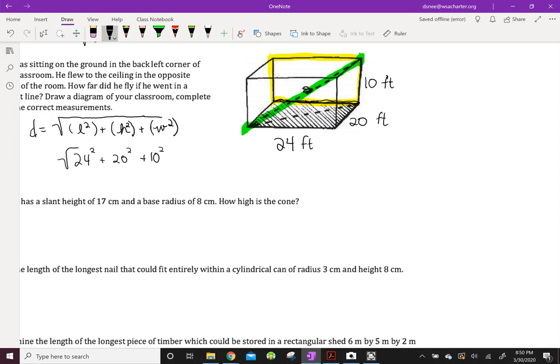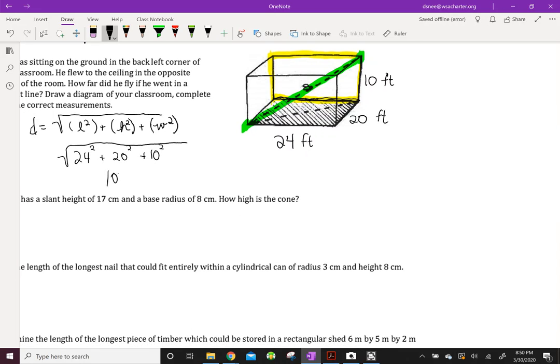And after I square each of those bases and add all those terms, let's see, 24 to the second power plus 20 to the second power plus 10 to the second power, I get 1076, and that's still all going to be equal to D, or the diagonal.